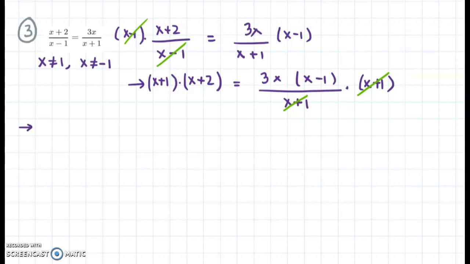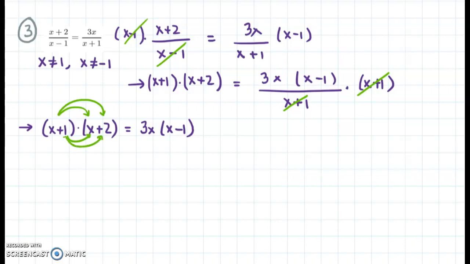So far our expression is x plus 1, all of that times x plus 2 between brackets, is equal to 3x times x minus 1. We need to expand. By doing so, we will see that this is really a quadratic equation.